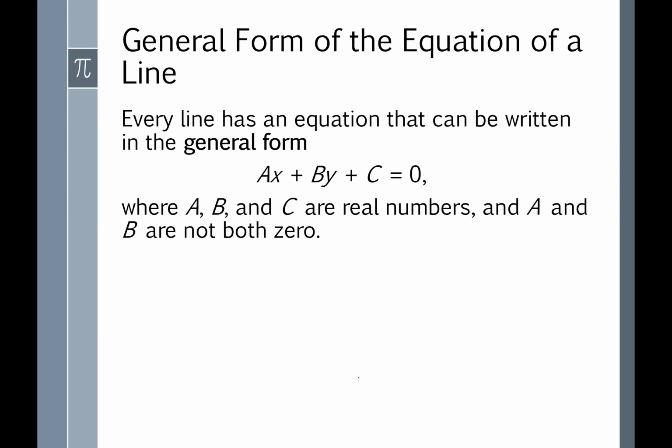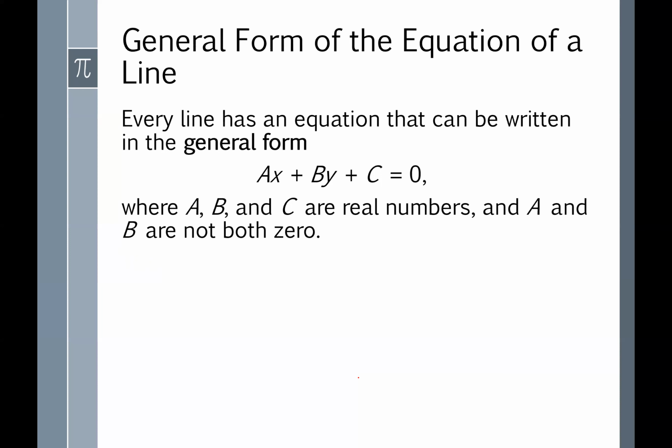Okay, the last form of the line that we get is general form, and this is probably the least helpful, but general form when we're talking about functions is always where we have everything on the left-hand side of equals and 0 on the right-hand side.